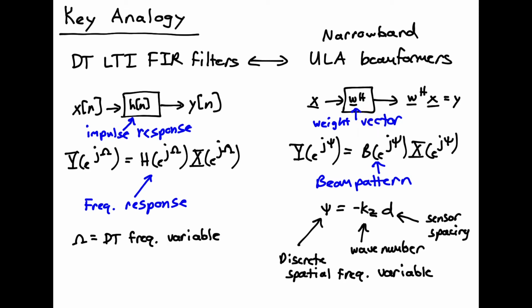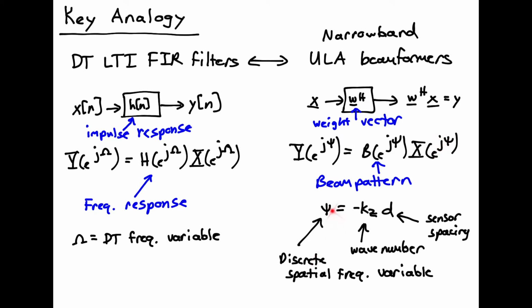And we can similarly relate the Fourier transform of the output, y of e to the j psi, to the beam pattern, which is the spatial frequency response, times the Fourier transform of the input.